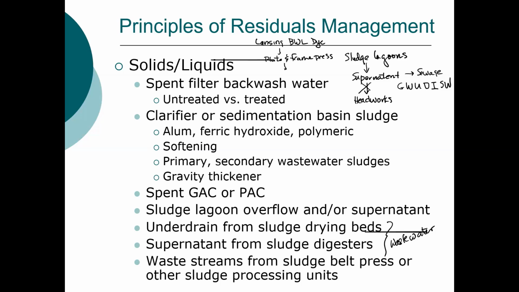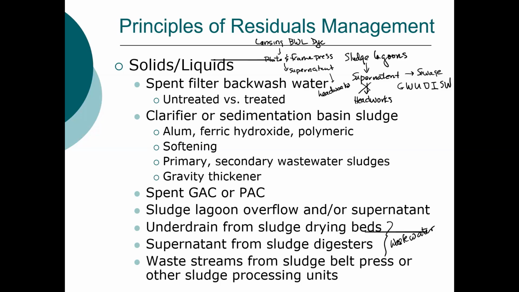Their supernatant goes where? Anybody want to suggest what they do with their supernatant from both the gravity thickener and the plate and frame filter press? That goes back to the headworks of the plant.